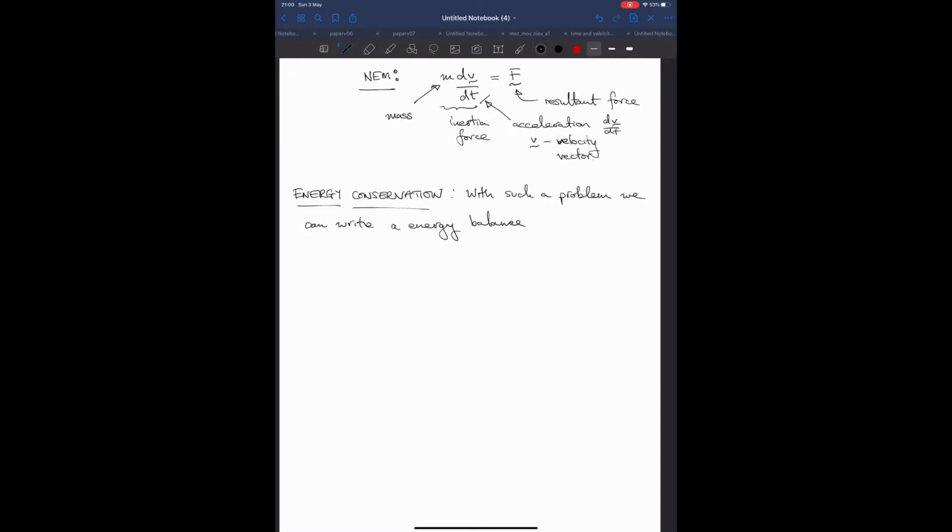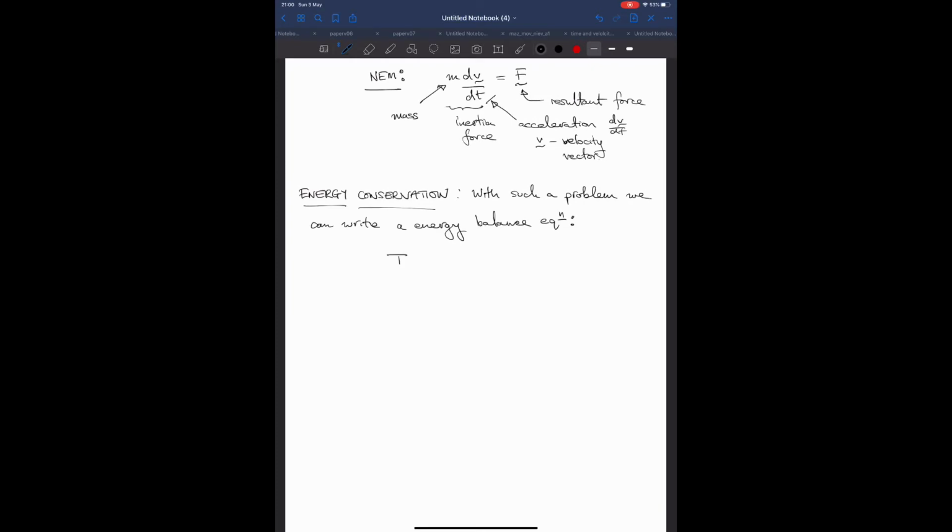And we derive this directly from the governing equation for the motion of the object. So we have this capital T plus V equals E. Just a quick recap, this was kinetic energy, KE, kinetic energy.